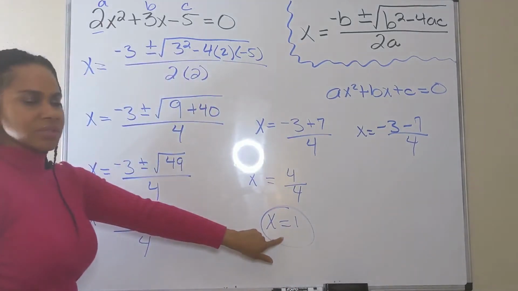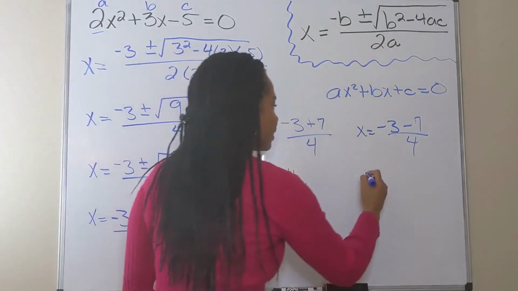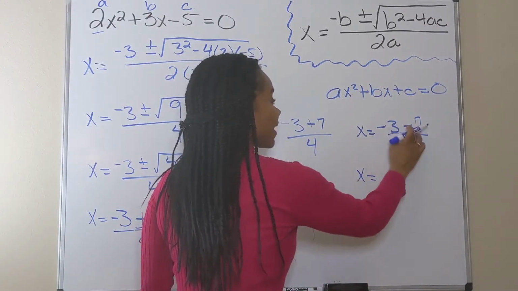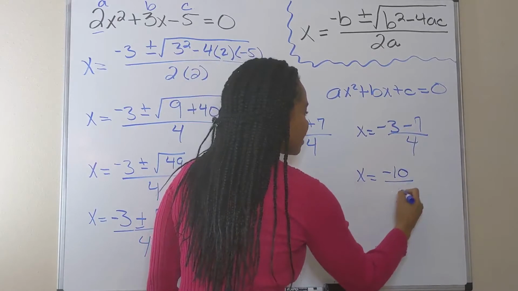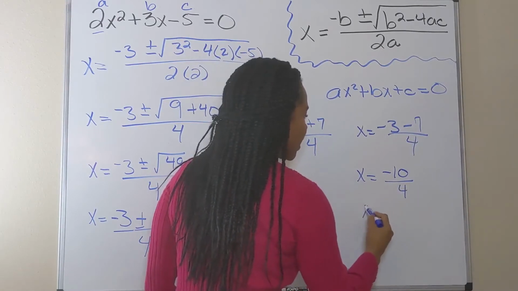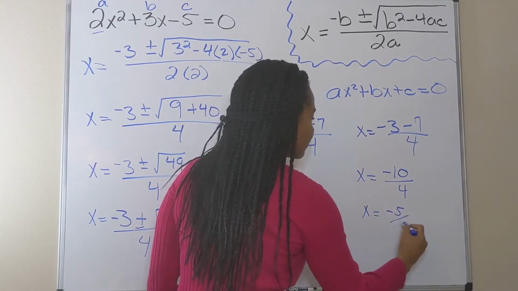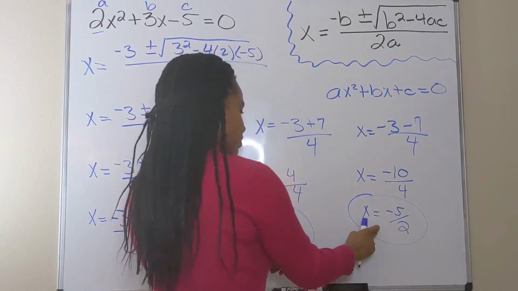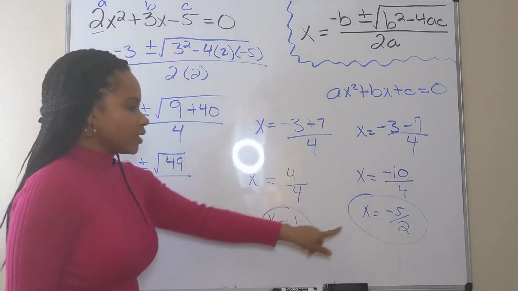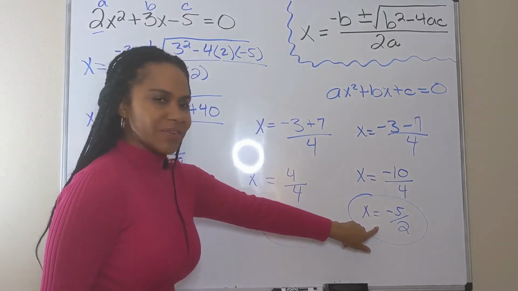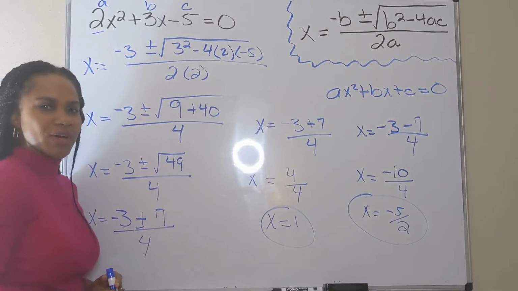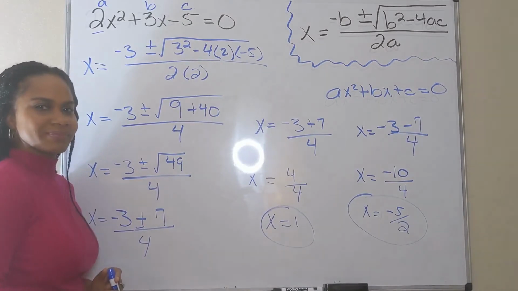So one of my solutions is x equals 1. And negative 3 minus 7 is negative 10 over 4. And that reduces to negative 5 halves, or negative 5 over 2. All right, so those are my 2 solutions, x equals 1 and x equals negative 5 over 2. So I have solved this quadratic equation using the quadratic formula.